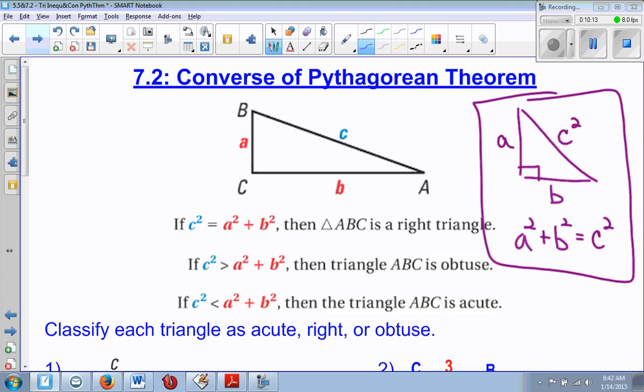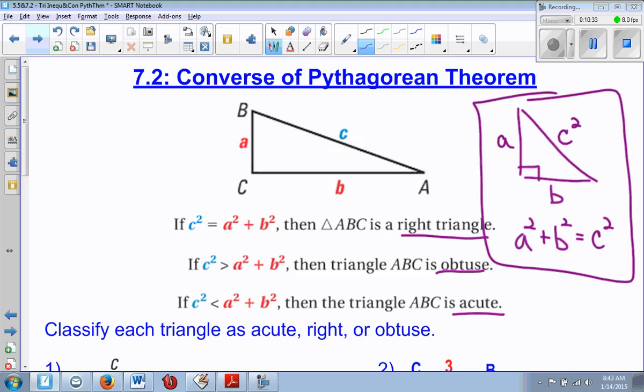So what the converse can actually do is not only tell us whether or not we have a right triangle, but it can also tell us if a triangle is obtuse or acute. So how do I figure out which one it is? We are still going to do a squared, b squared, and c squared, but we're going to compare the results.